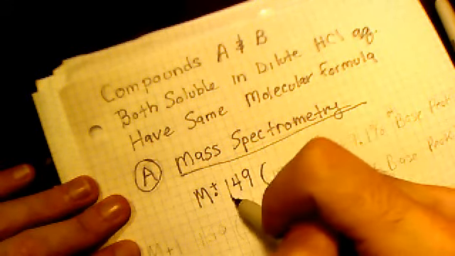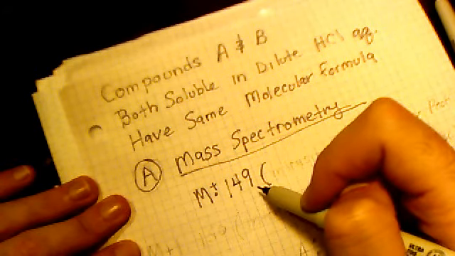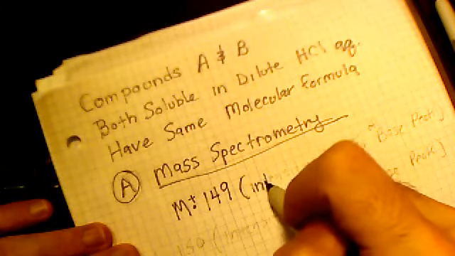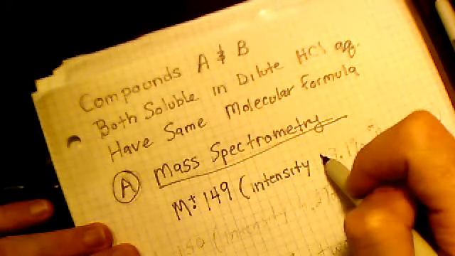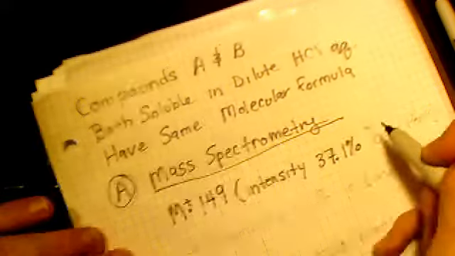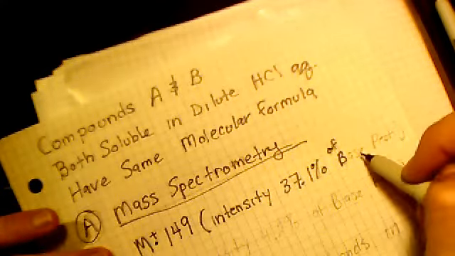This is the molecular ion, so the molecular weight is 149, and its intensity is 37.1% of the base peak.